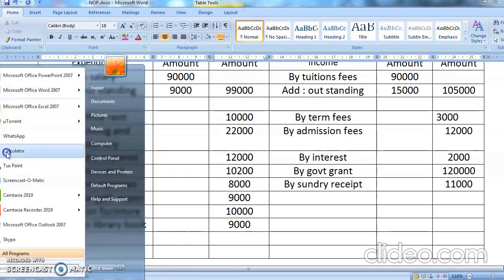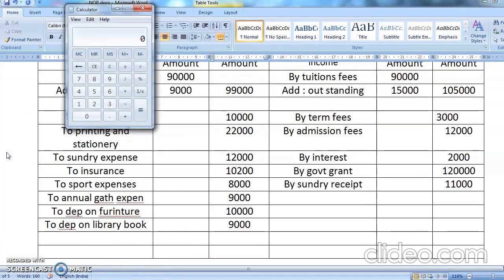Calculator. 99,000 plus 10,000 plus 22,000 plus 12,000 plus 10,200 plus 8,000 plus 9,000.